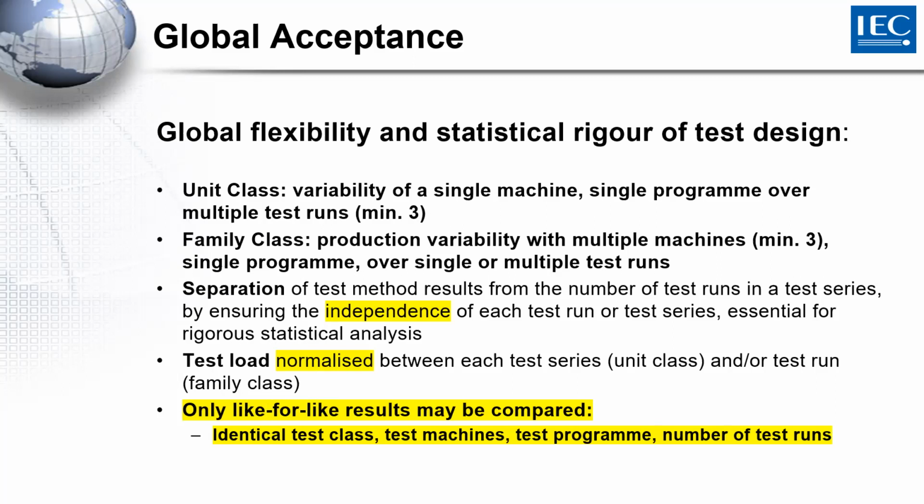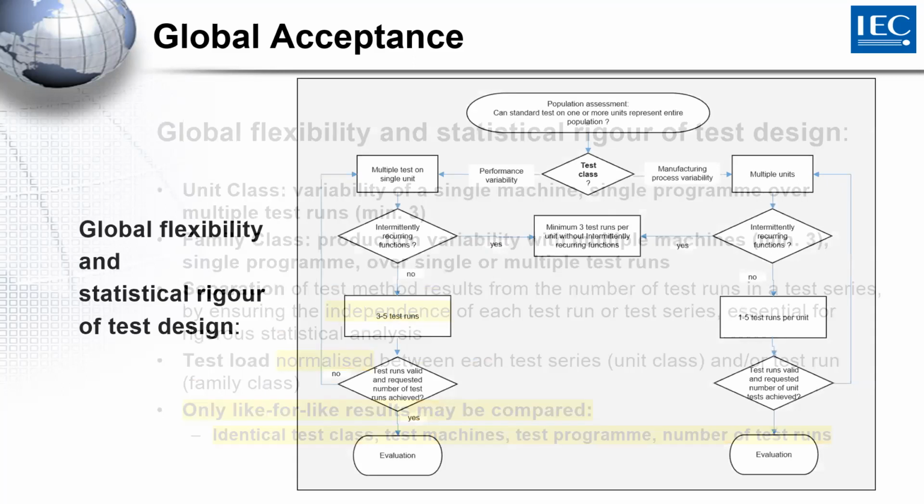For the family class, there is normalization between each test run so that all test series are independent in any case. The key finding from this is only like for like results may be compared. There must be identical test class, identical test machines, identical test program, and an identical number of test runs for the results to be compared. Otherwise, it is invalid. Next, please.